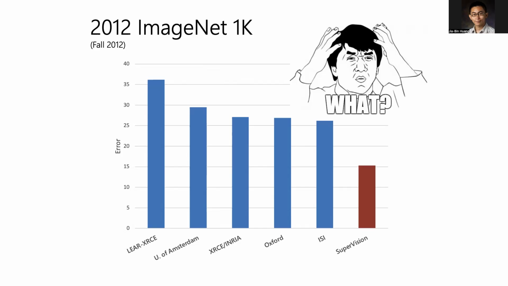That moment changed how people viewed the deep learning approach to computer vision. The first author is called Alex, and so it's called AlexNet. Sometimes you hear the AlexNet moment, which is December 2012.